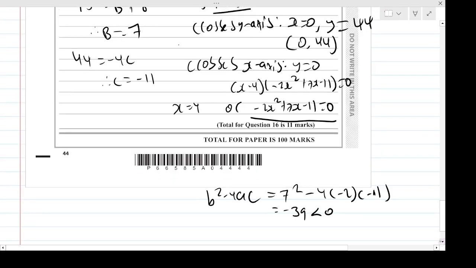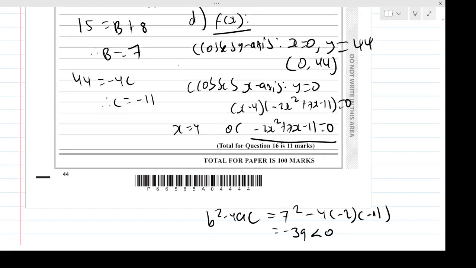So that means there are no real roots here. And so the only point where it crosses the x-axis is this x value here. So that will give the point x is 4, y is 0.